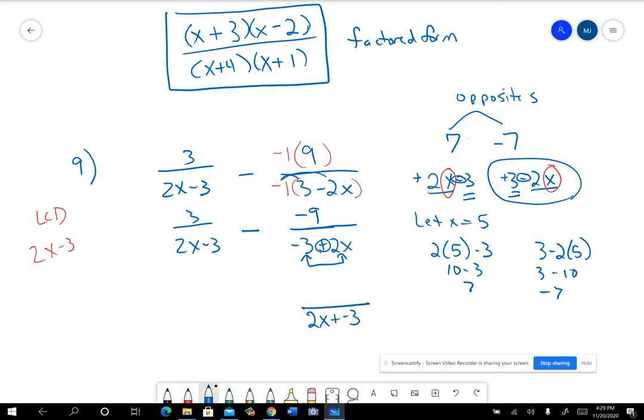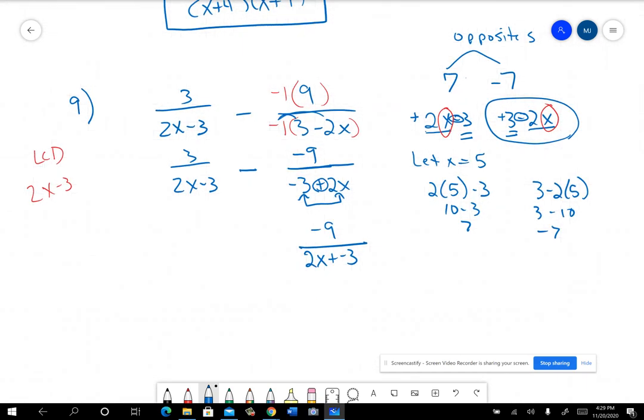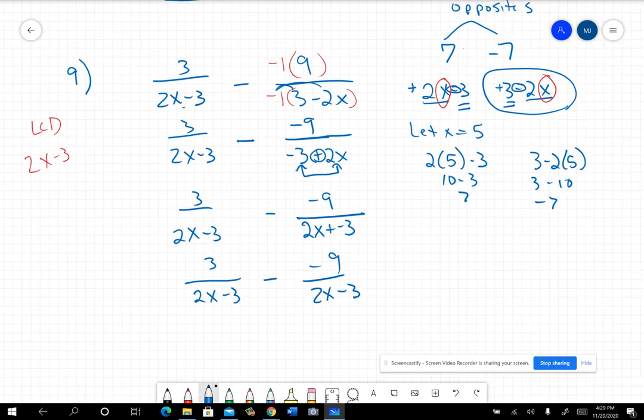So 2x is positive and the 3 is negative. Isn't that really just negative 9 over 2x minus 3 now? Okay, so that one I put in there just so I could complete the story. I don't think I'll give you anything like that on the test, but I just wanted you to know if things were opposites, then you don't have to use both 2x minus 3 and 3 minus 2x as your least common denominator.